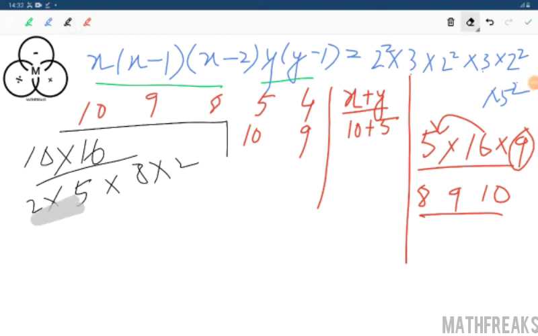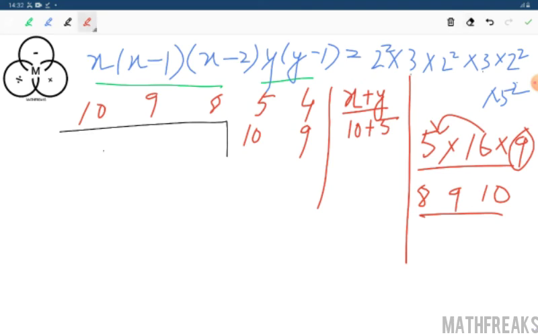If we take 10 from here, we are left with a 10, 3's factors are already taken out, and 16. For this part, x into x minus 1, either we have to take 5 or 10. Any one value we have to take, for 5. So we are not getting any pair for 9 and 10. So this is rejected, guys. This 9 and 10 is rejected.